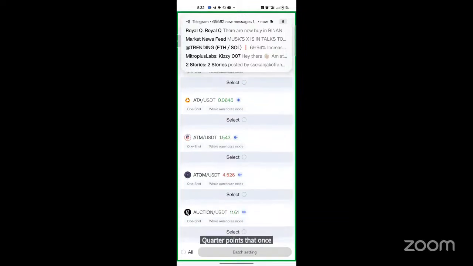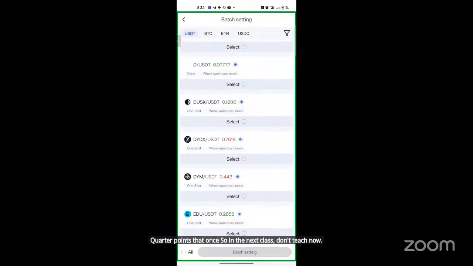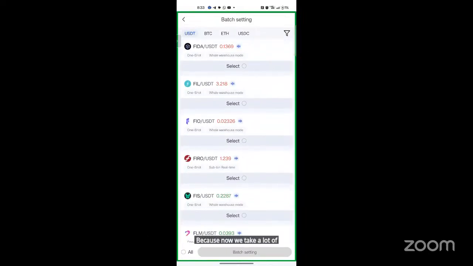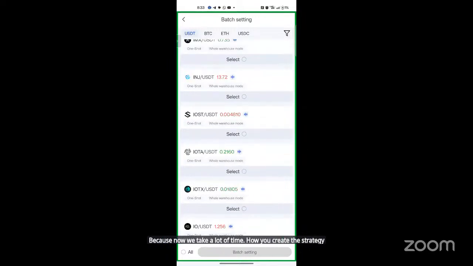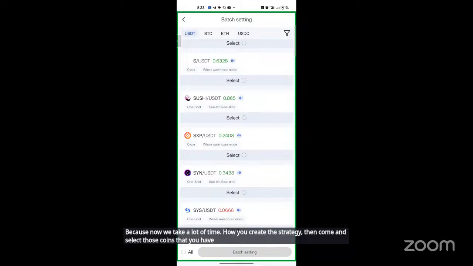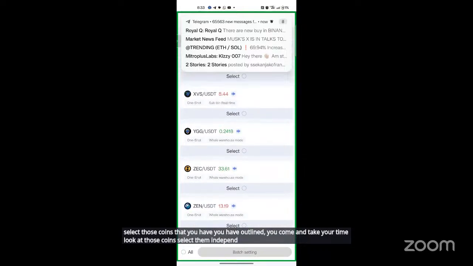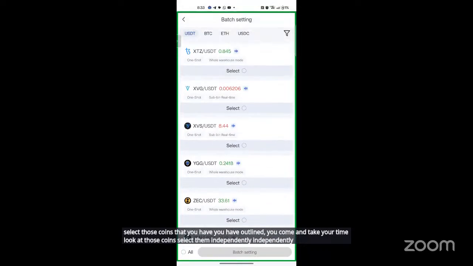So in the next class, not now, because now we shall take a lot of time. You come and take your time, look at those coins, select them independently, and then you provide the strategy at once.